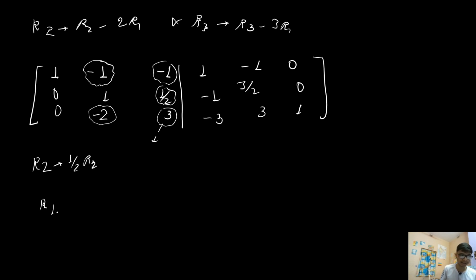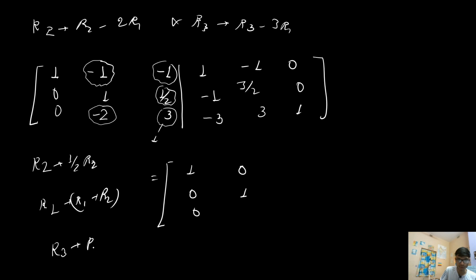Again I apply another step, that is R1 goes to R1 plus R2. In doing so, this particular element will be 0, and this element will be minus 1 by 2. Similarly I also apply R3 goes to R3 plus 2 times R2, so I will get 0 over here also.